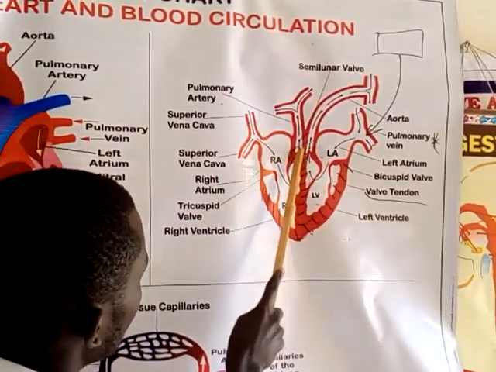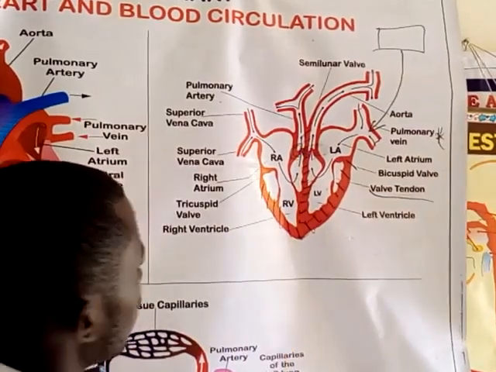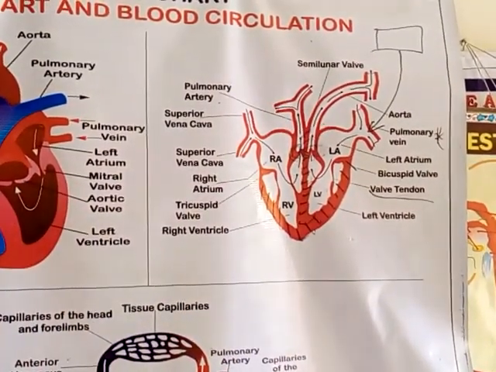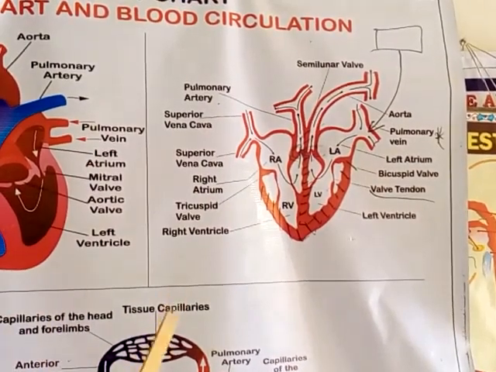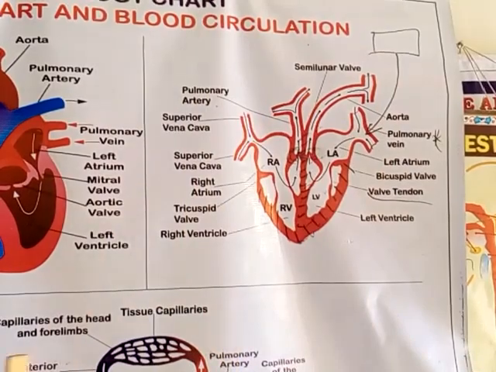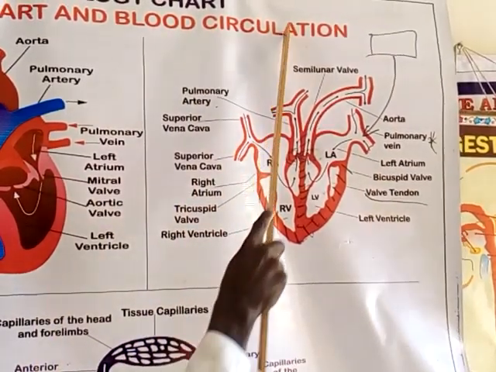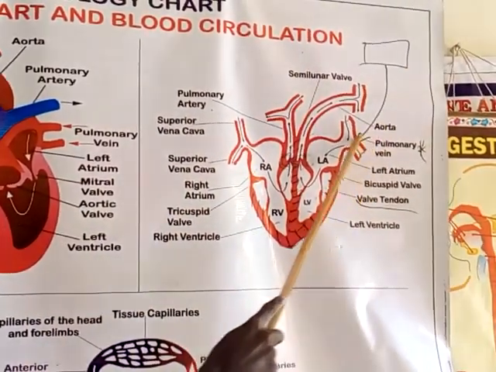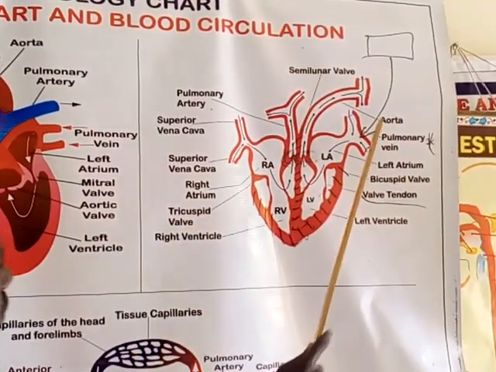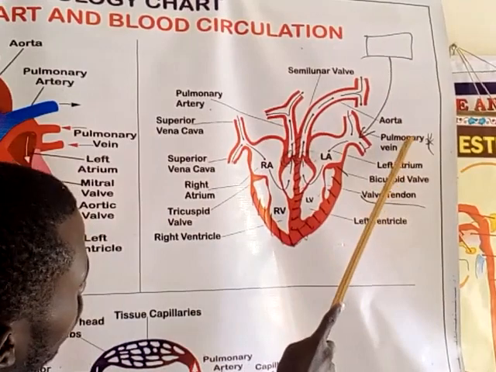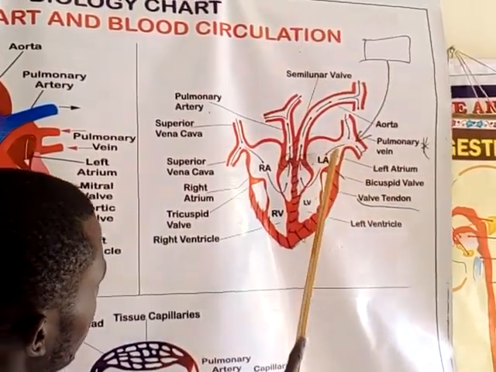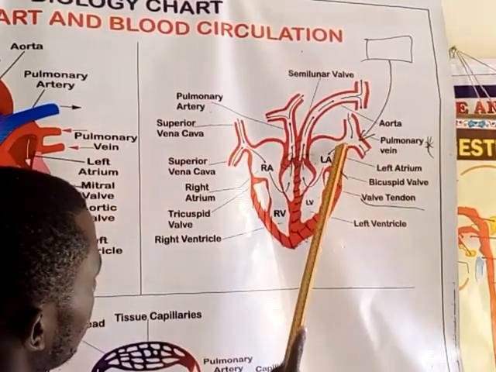This blood is deoxygenated blood. After it reaches the lungs, it combines with oxygen. Then it flows back to the heart, not through the aorta, but through the pulmonary vein. After that, it gets into the left atrium.